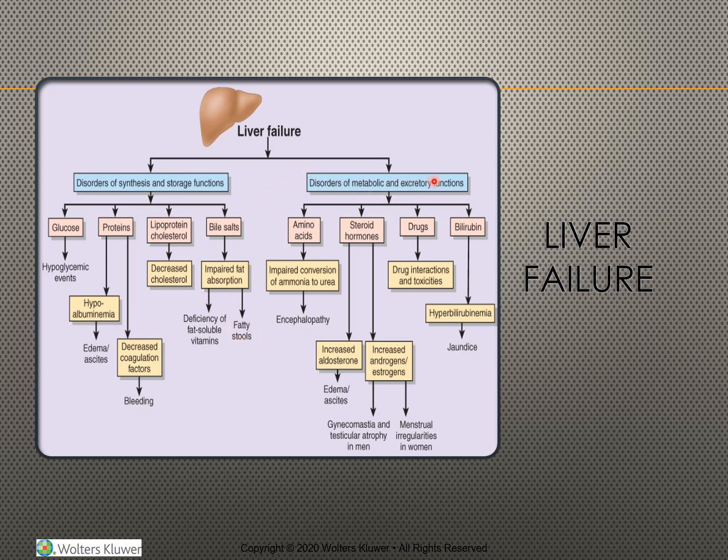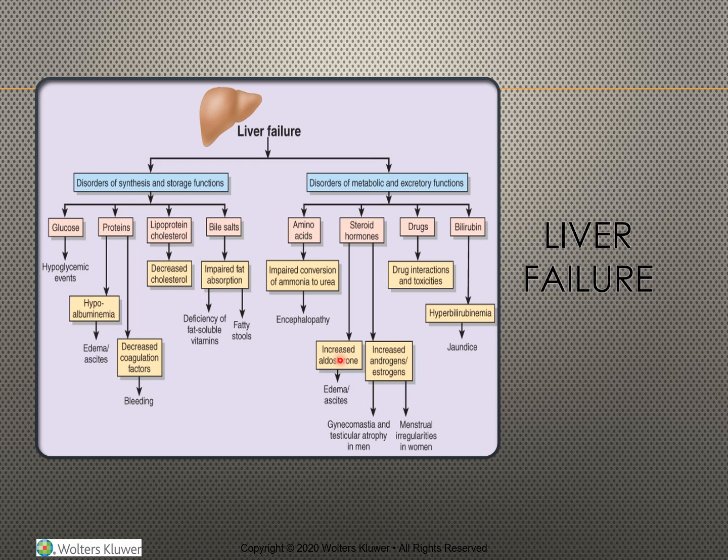And the disorders of metabolic and excretory functions, we get an overall inability to metabolize and excrete amino acids. And this impairs the conversion of ammonia to urea. And ammonia starts to build up in the system because it cannot be excreted, and that causes encephalopathy. We are not metabolizing and excreting steroid hormones, so they start to build up in the system.